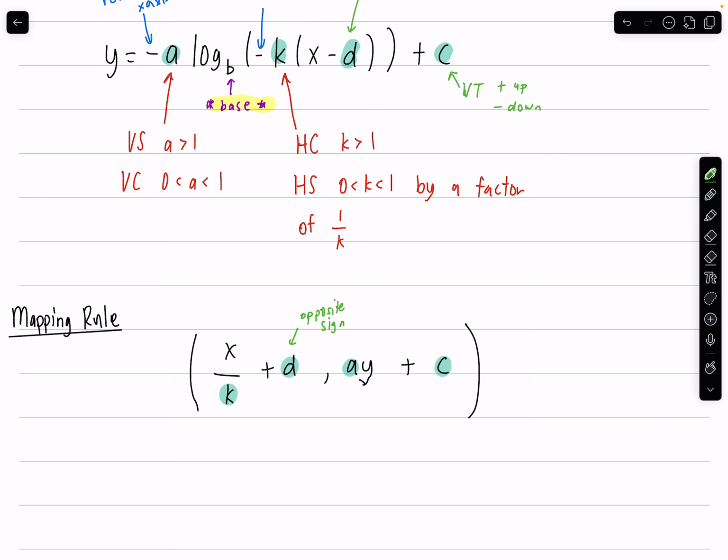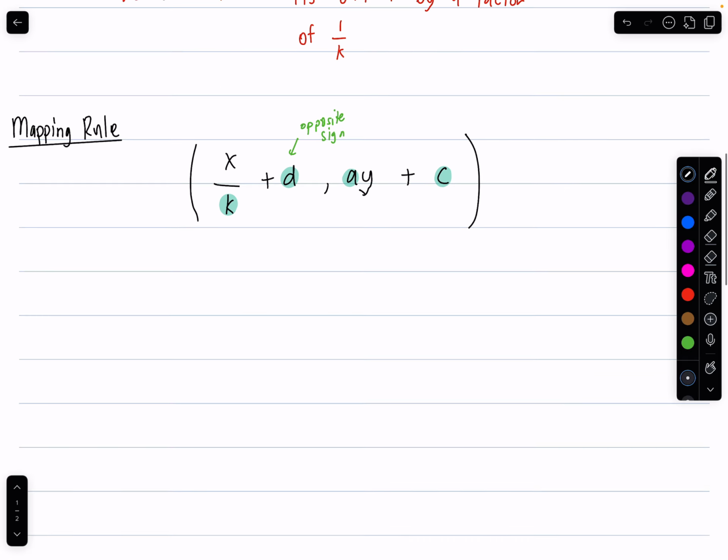Once we know the mapping rule, you can kind of think of this as a generator, okay? So it's kind of like a piece of code. You could think of it like a piece of code. And the generator is pretty much used to take an original parent function, that's a logarithmic equation, put the points into the generator, and it's going to spit out the transform function.